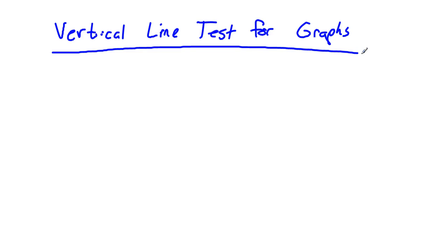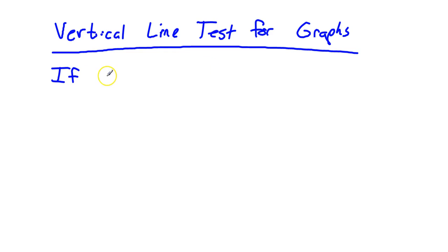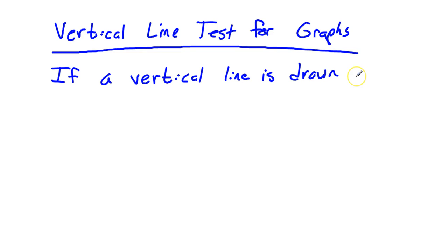Okay, and here's where you can be an optimist or you can be a pessimist on this thing. No, still 8-2. So, the vertical line test.